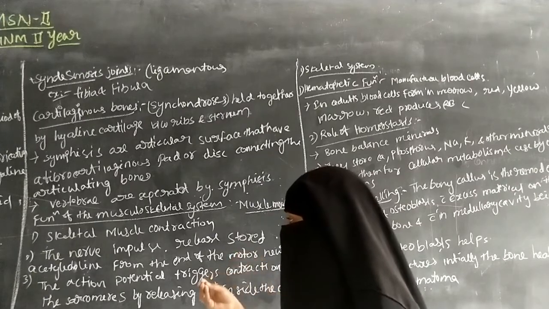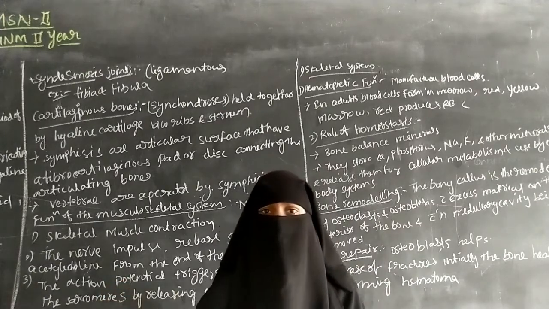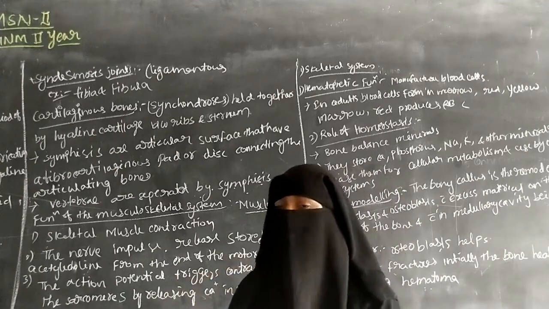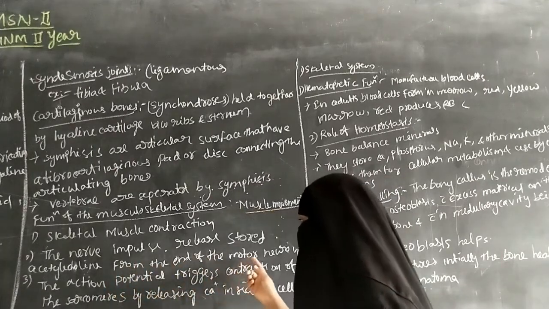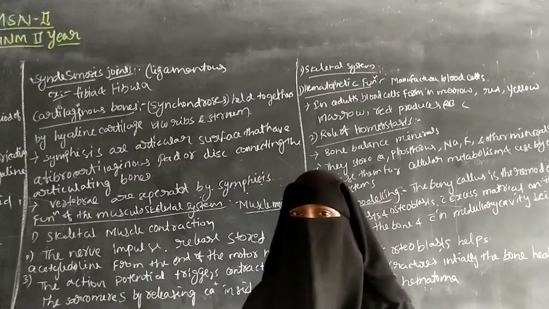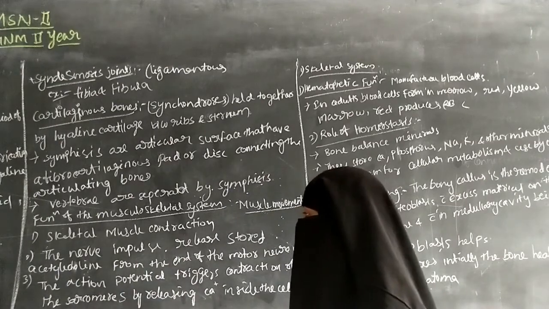Because of the motor neuron, movement occurs in the joints, muscles and skeleton.